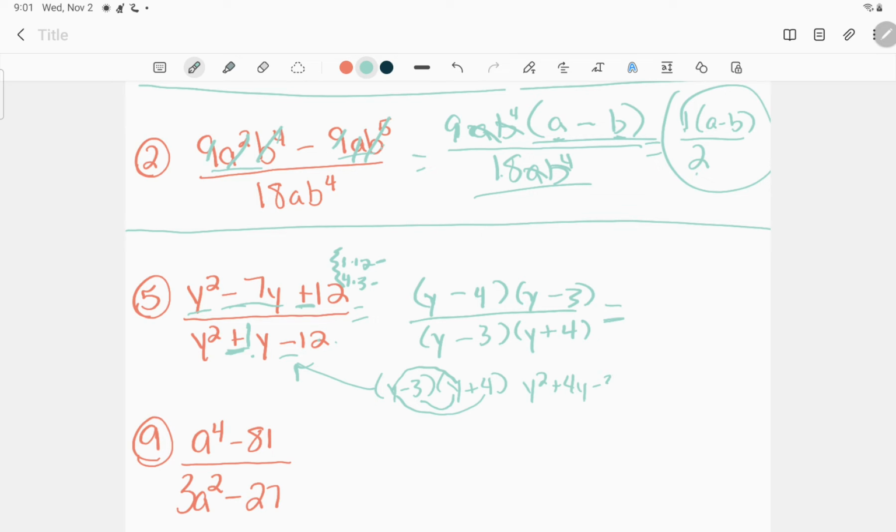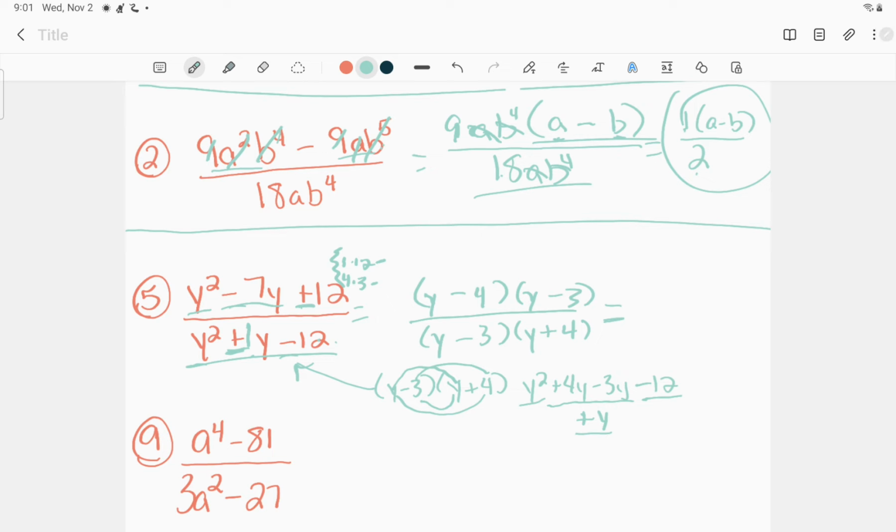Y times -3 is -3y. And -3 times 4 is -12. Okay, so when I add my like terms, positive 4 minus 3 is positive y. Y squared plus y minus 12, and that is the same as that. That's how you know that you've gotten it correct.